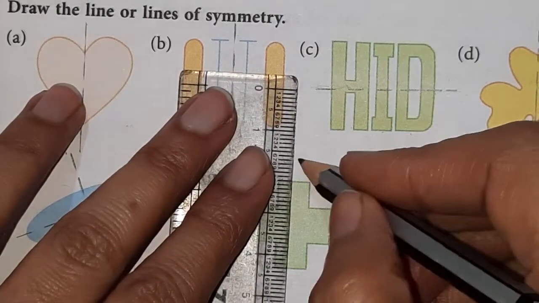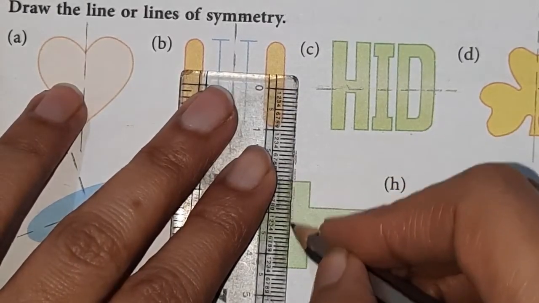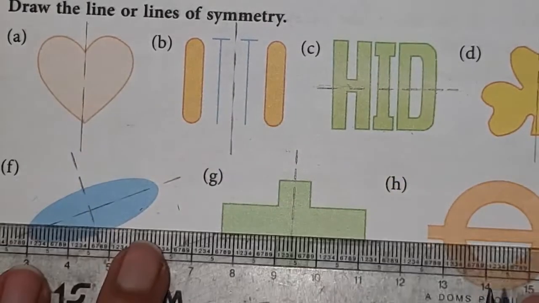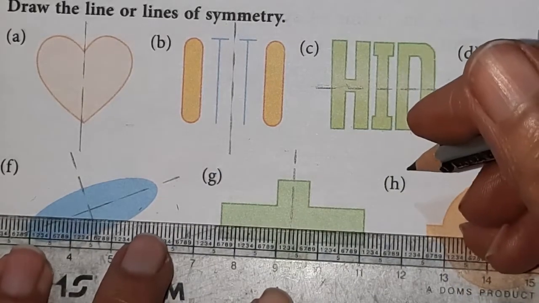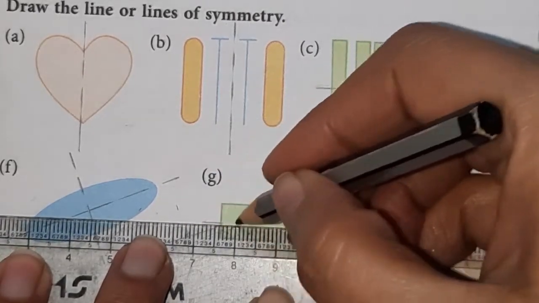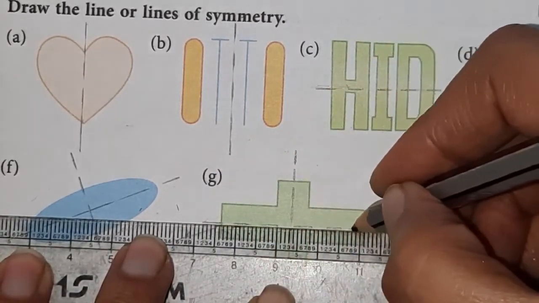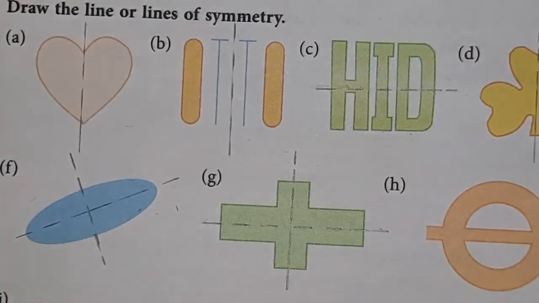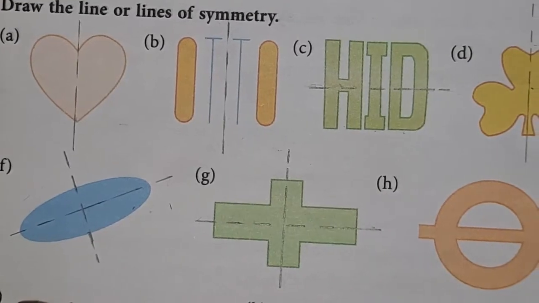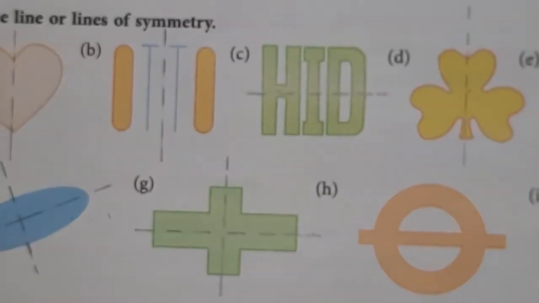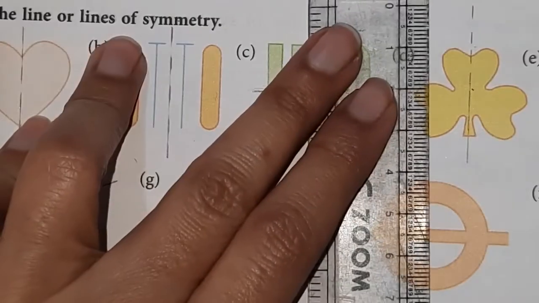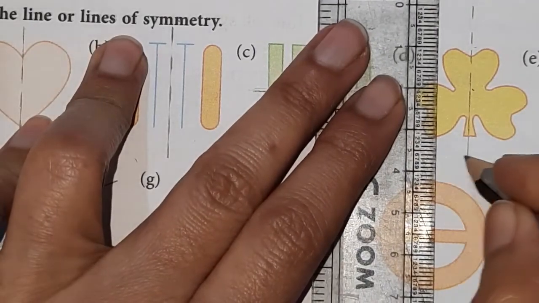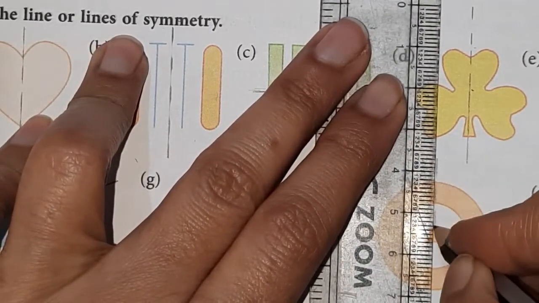Here also in this shape, a plus sign is there, horizontal and vertical. This is vertical standing and this is a horizontal line of symmetry. This side, two lines of symmetry.